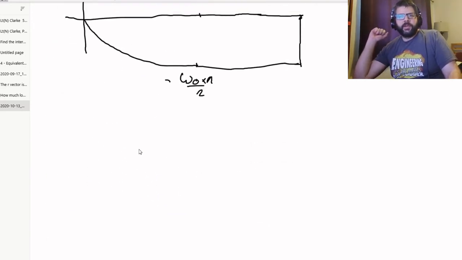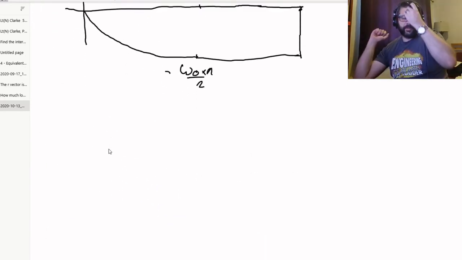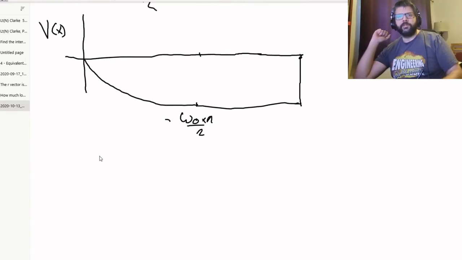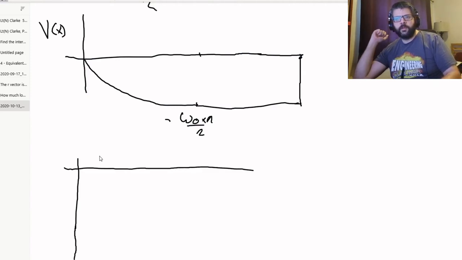Next up, let's figure out what we're going to see for our moment diagram. So for our moment diagram, we know that at this end, it's going to be 0, and it's going to be decreasing all the way until it gets to here.